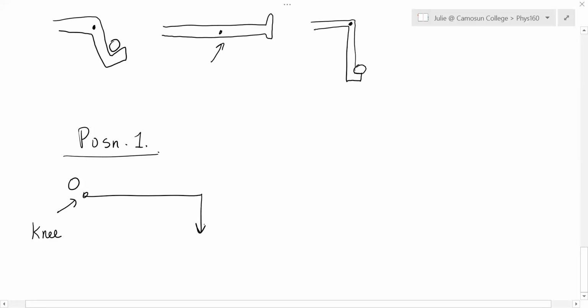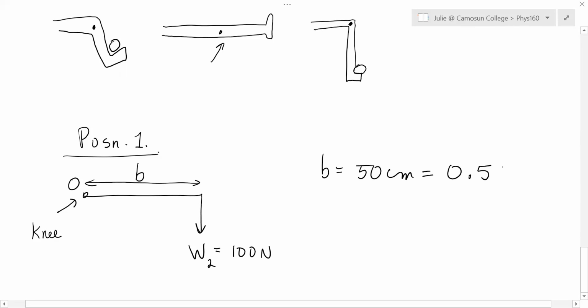So the force due to the weight in the boot, they call it a boot down here, is 100 newtons. And the distance from your knee to your foot, they call that B, where B is equal to 50 centimeters. So we'll put it into meters because they do. It's not entirely necessary, but that's okay. So that's your foot.